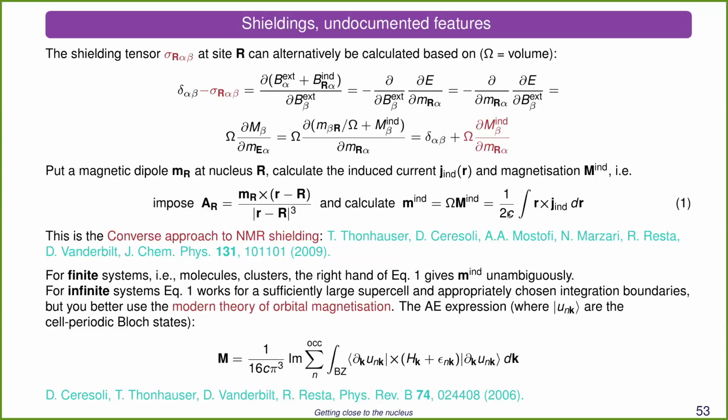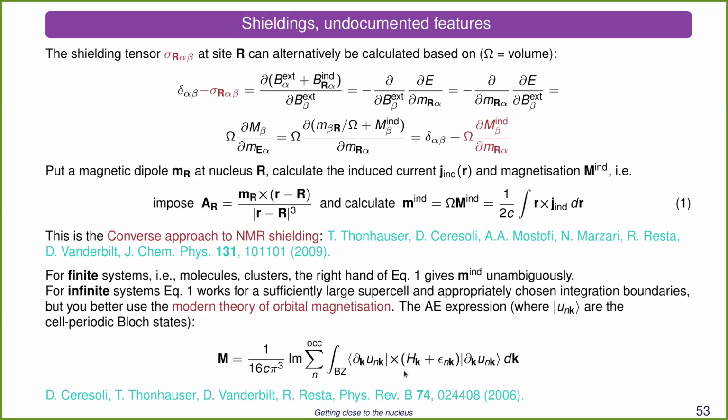And so the better way of doing this is using this expression, which is the so-called modern theory of magnetization, which is similar to the modern theory of polarization, where polarization becomes a Berry phase. Here, magnetization doesn't become a Berry phase, but becomes something very, very complicated. You see, you have a Hamiltonian, you have the eigenvalues, you have to add them.